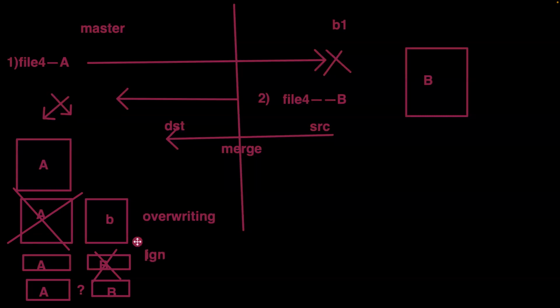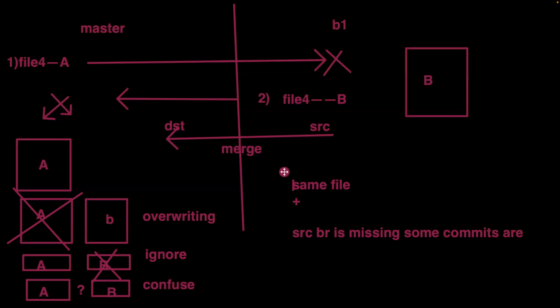At the same time, it cannot ignore incoming changes. So it doesn't know which changes to keep, and hence you get a conflict. The whole point is: same file, to a certain extent, plus the source branch is missing some commits that are there on destination.